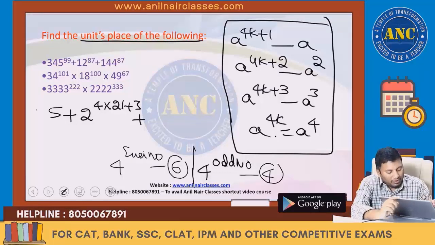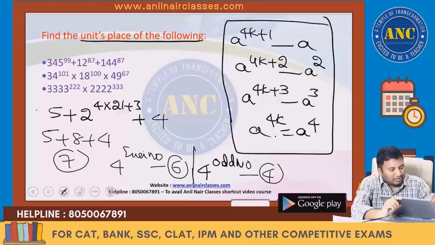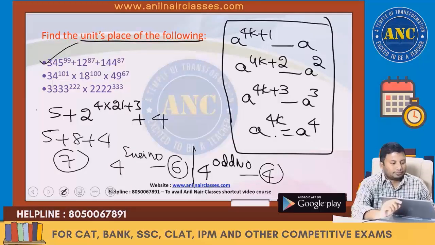So 4 power odd number is 4. So 5 plus 8 plus 4, the unit digit is nothing but 7. First one, it is 7.